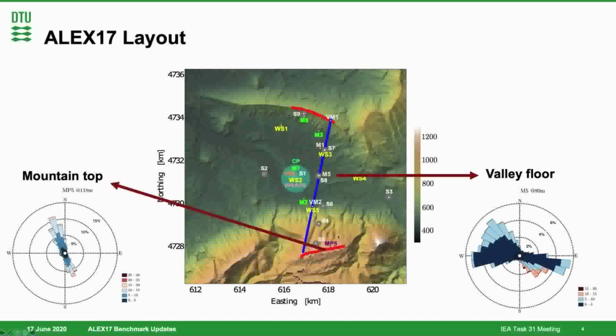We basically see a bidirectional wind on the top of the mountain, aligned with the north-south direction. And inside the valley, we see also other flow phenomena, with valley winds prevailing from the northwest and southeast directions.